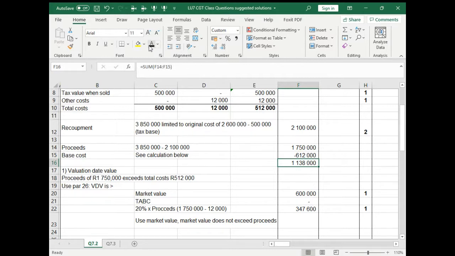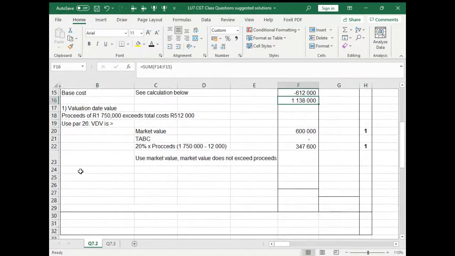Now because this is the only capital gain we have, we say that our taxable capital gain is 80% of this 1.138 million, and only that portion will be taxed.